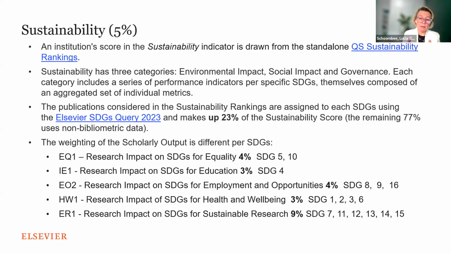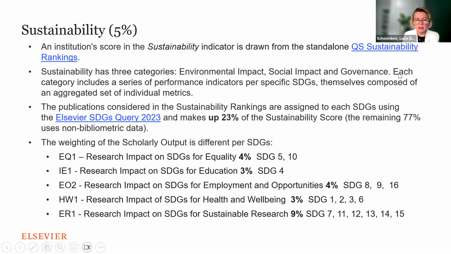But some of those metrics also include research impact. So for EQ1, for example, this is the environmental impact category. One of the metrics they would look at is contributions to SDG 5 and SDG 10.